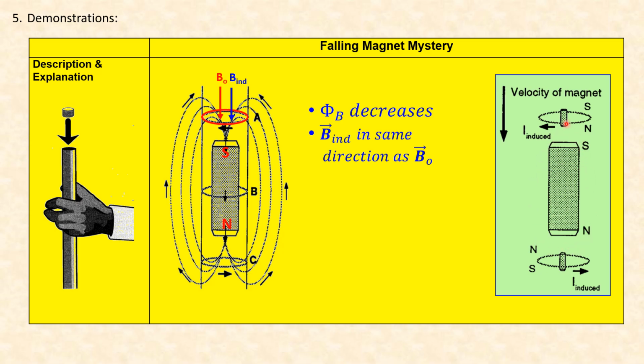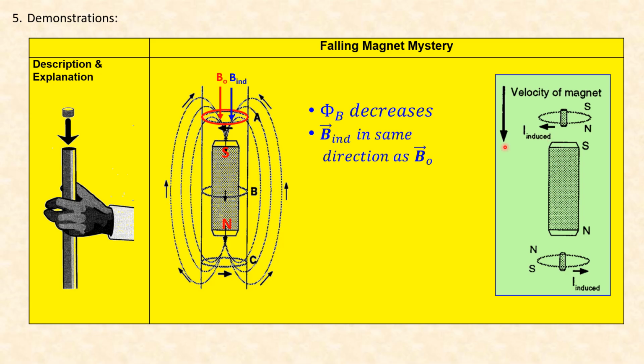So the North Pole here is going to be attracted to the South Pole here, which means that there's going to be a slight upward force on our falling magnet due to that induced magnetic field. The opposite poles attract each other.